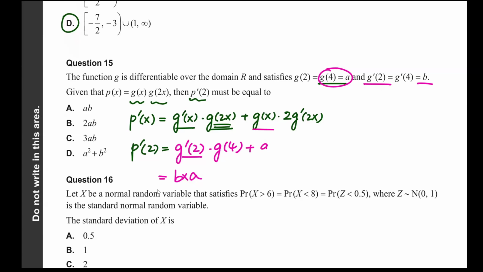Then I have g(2) times 2 times g'(2 times 2), which is g'(4). So this bit is b, this bit is a. So I get 2 lots of ab. So eventually we have 3 lots of ab. Option C.